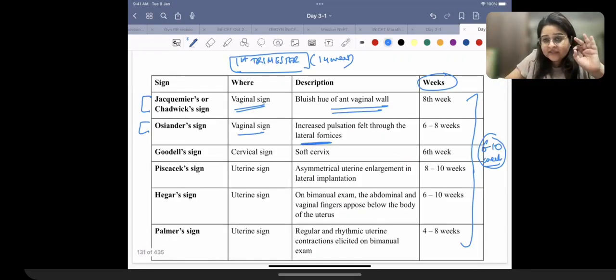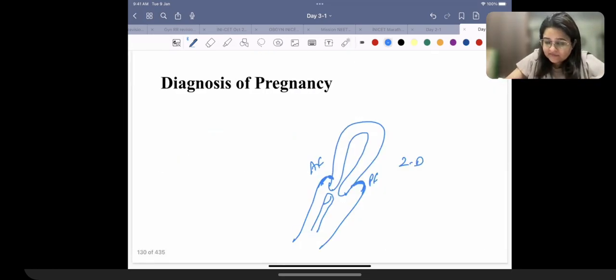Also, in this Osiander sign, when we keep the finger in the lateral fornix for a little while, what will you feel? You will feel pulsations. These are pulsations of what vessel? This is what you don't understand. Not the internal iliac artery. Laterally, which vessel is coming here?